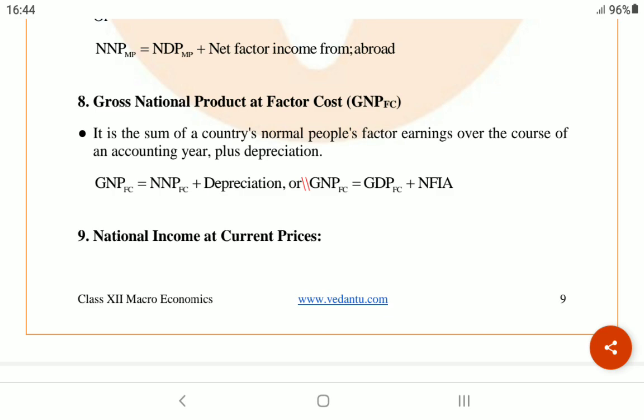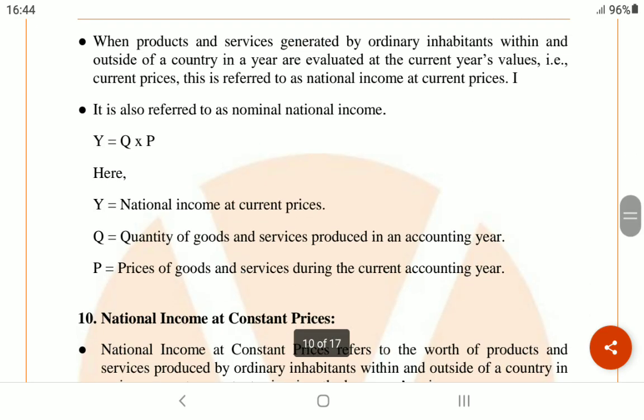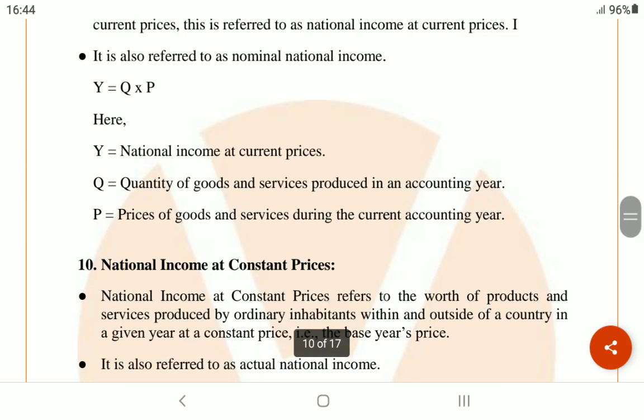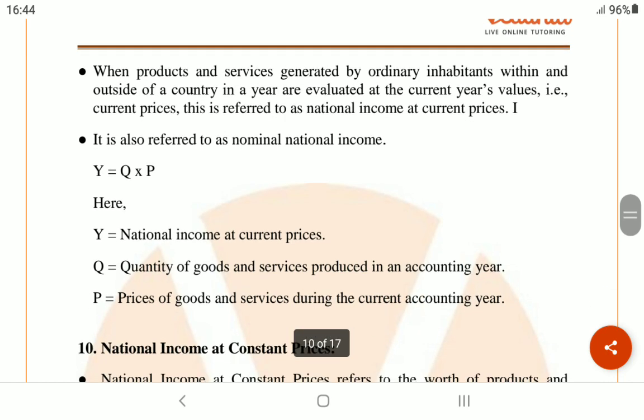Next is national income at current price, the ninth one. When the products and services generated by ordinary inhabitants within and outside of a country in a year are evaluated at the current year's prices, this is referred to as national income at current price.